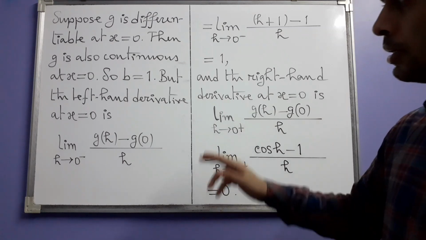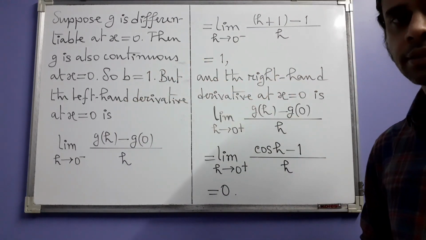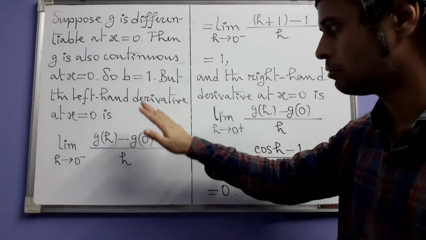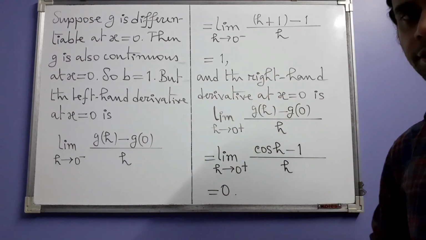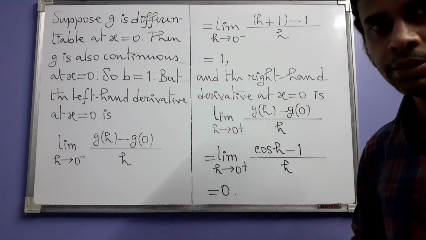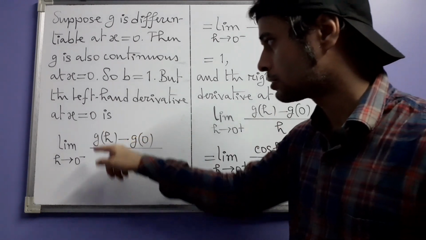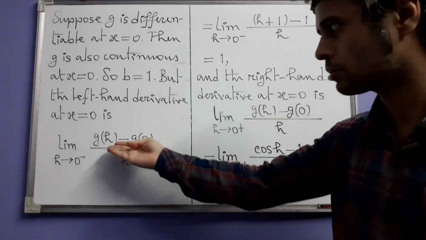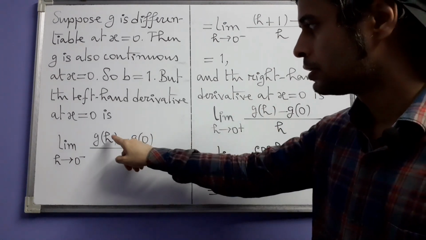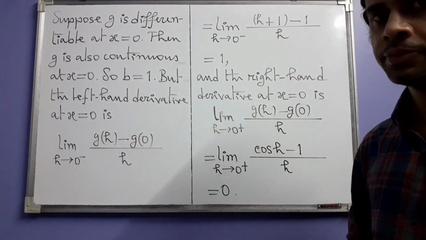Alright. Now because we are saying that it's differentiable at x equal to 0, if we calculate the one-sided derivatives, left hand derivative and right hand derivative, they have to agree, they have to be equal at x equal to 0. The left hand derivative at x equal to 0 is of course this, where you have your usual difference quotient. Ideally you should write g of h plus 0.